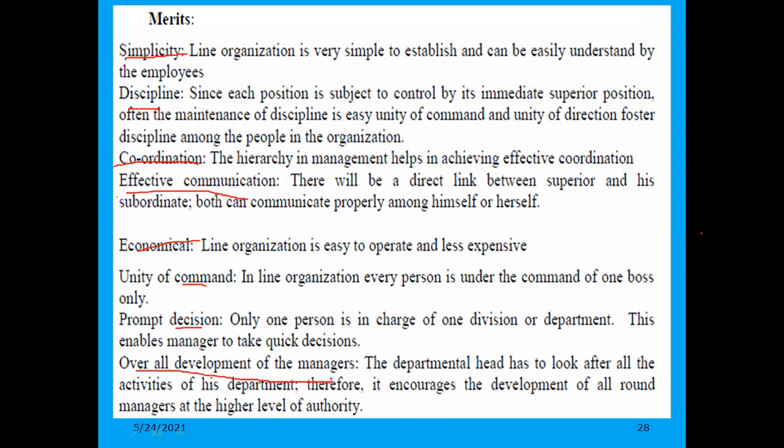So the departmental head has to look after all the activities in the department. Therefore, it encourages the development of all managers at the higher level of authority. So that's why whenever you are starting, you should not end up very fast. You have to see the pros and cons of the market, and you have to try for the next concept.